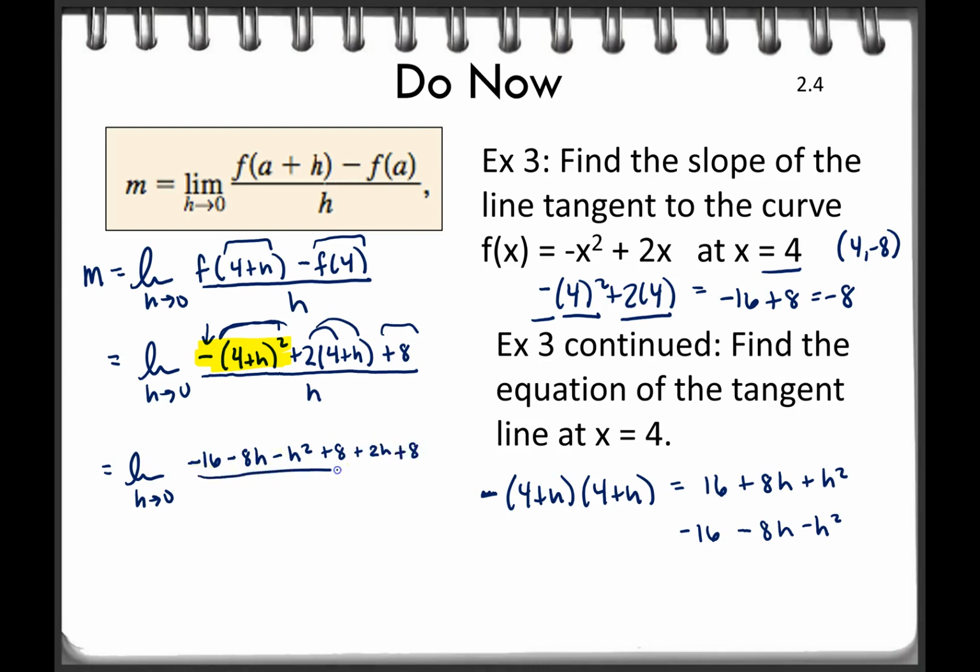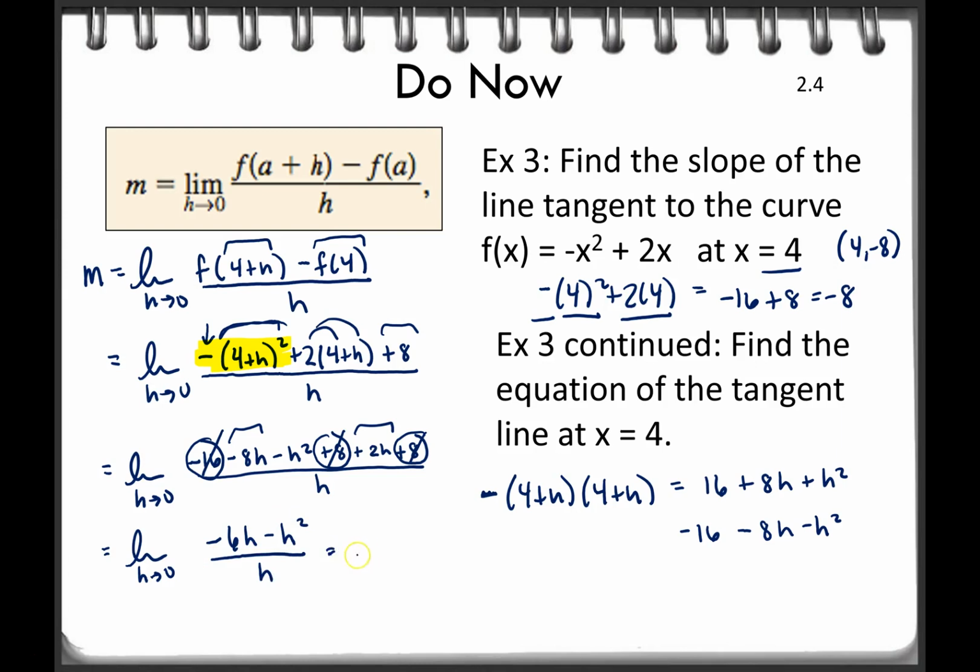And that's all going to be over h. So now let's see what cancels. We've got a plus 8 and a plus 8. So that's 16 minus 16, and that all disappears. So now I'm left with the limit as h approaches 0 of a negative 8h and a 2h becomes a minus 6h, and then a minus h squared, all over h.